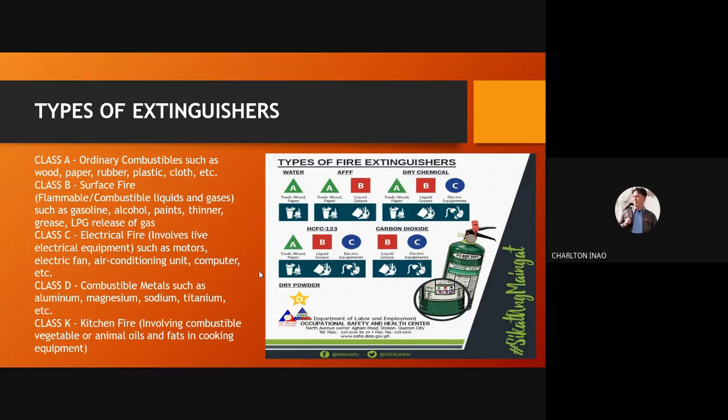Next is Class C, electrical fire, involves live electrical equipment, such as motors, electric fan, air conditioning unit, computer. Next is Class D, combustible metals, such as aluminum, magnesium, sodium, titanium. Next is Class K, involving combustible vegetable or animal oils and fats in cooking equipment.